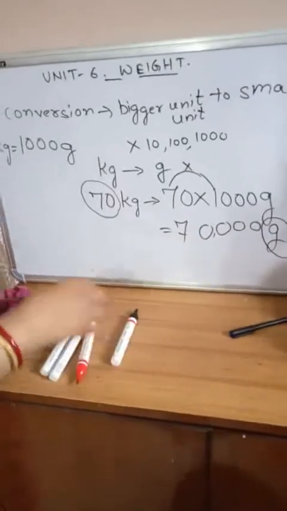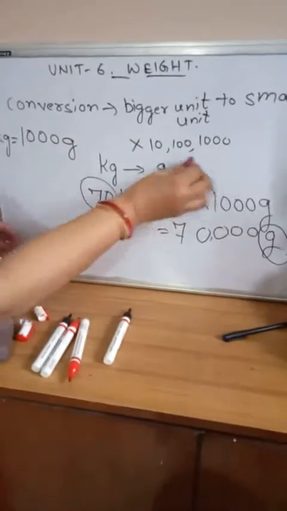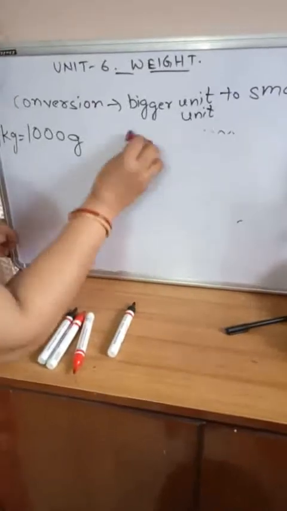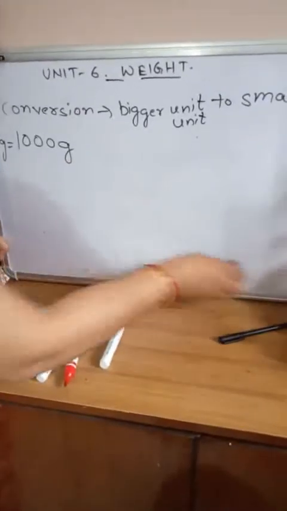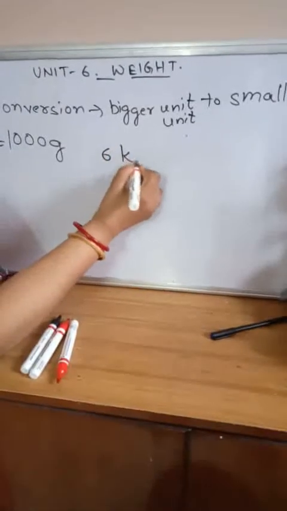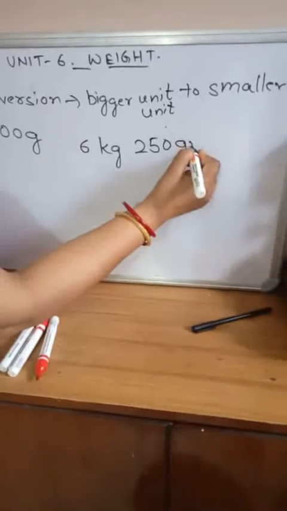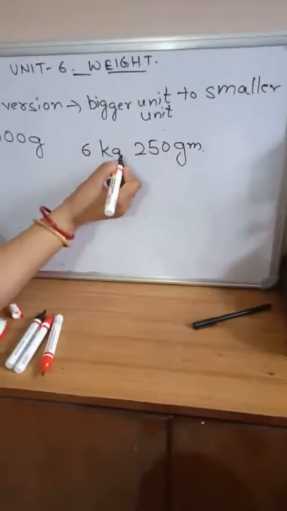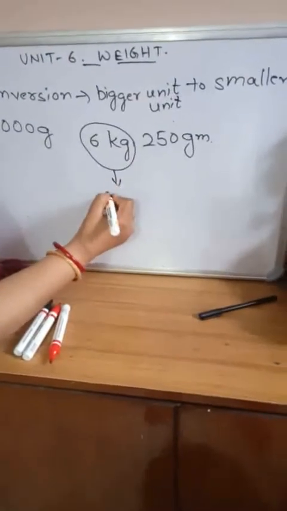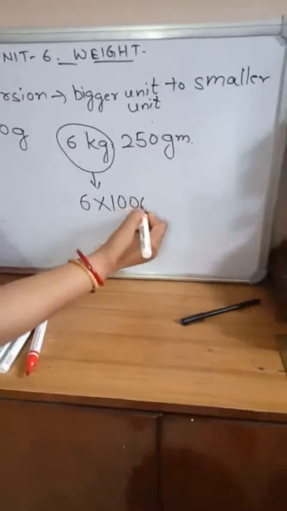Now I have told you how to convert kilogram and gram into gram. For example, 6 kilogram 250 gram. How will you do it? Firstly, convert this kilogram into gram. So this 6, the number of kilogram, will be multiplied by 1000.